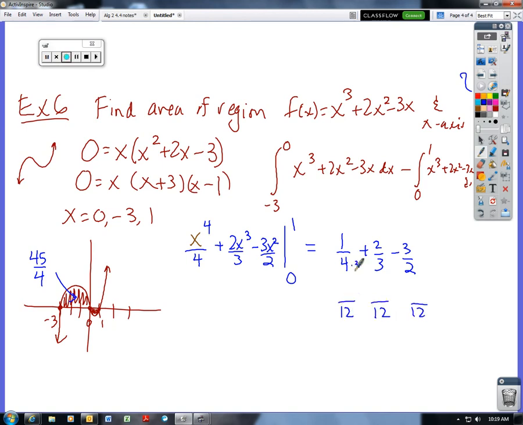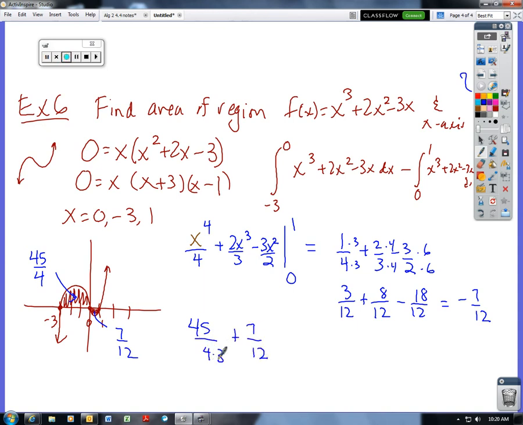So multiply by 3, multiply by 4, multiply by 6. This is plus, this is minus. 3 plus 8 is 11. That's going to be negative 7/12. And then, of course it's minus that. So we're going to be adding 45/4 and 7/12.